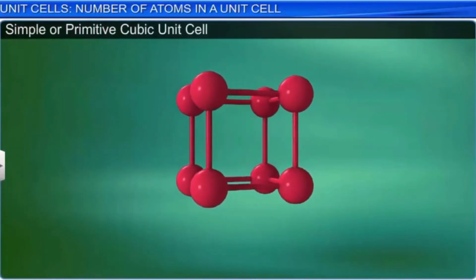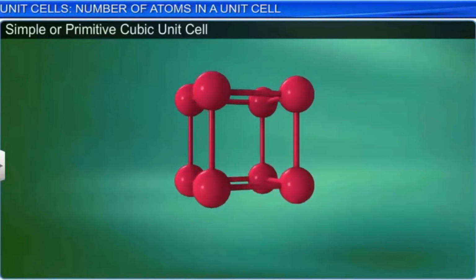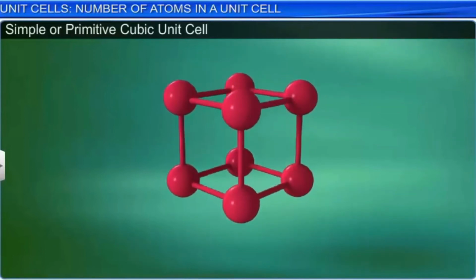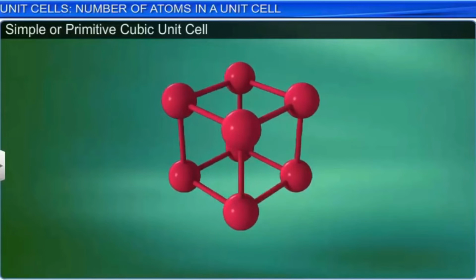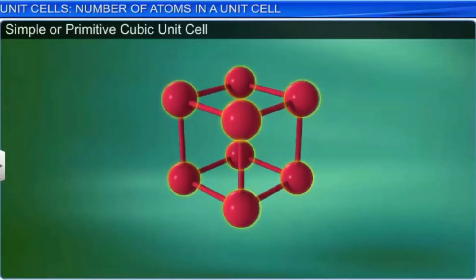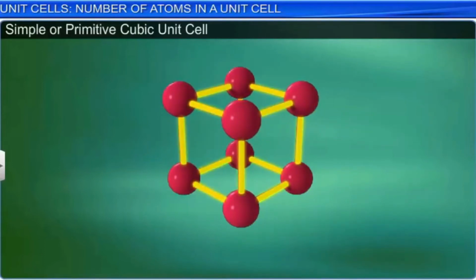A simple cubic lattice consists of 8 atoms at the 8 corners of a cube. In the open structure shown here, the distances between the atoms are greatly exaggerated.